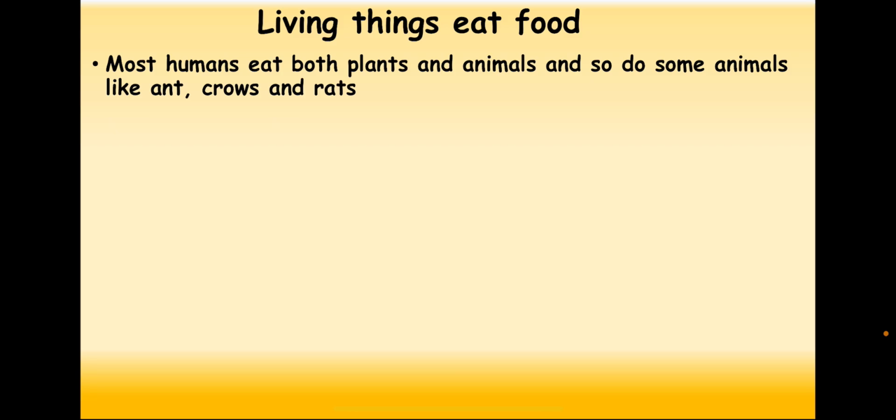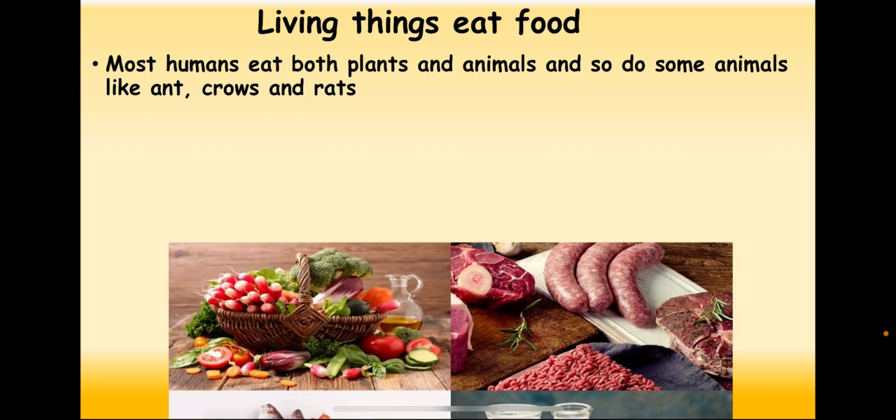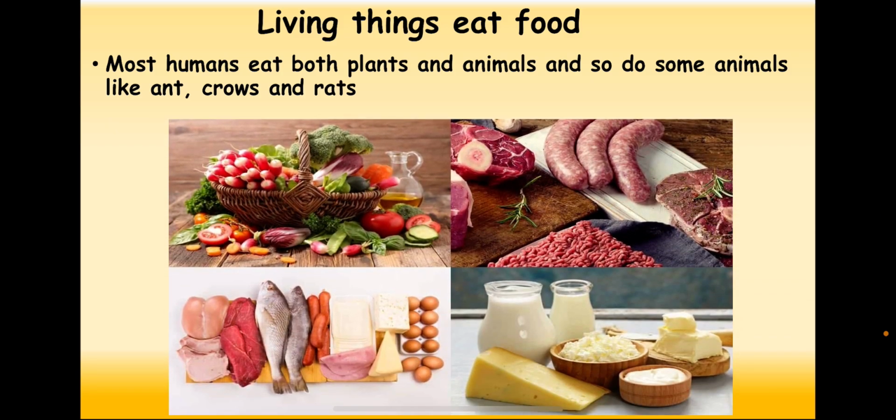As human beings, we eat meat and we eat plants. We eat chicken, fish, and goat. And on the other side, we eat vegetables and fruit that we get from plants. So human beings eat both plants and animals.